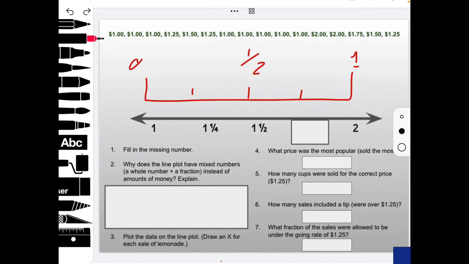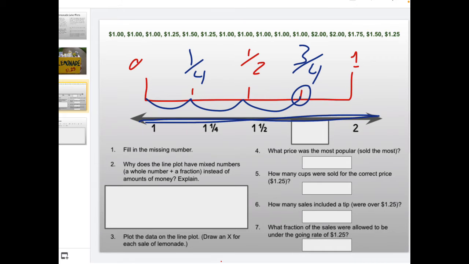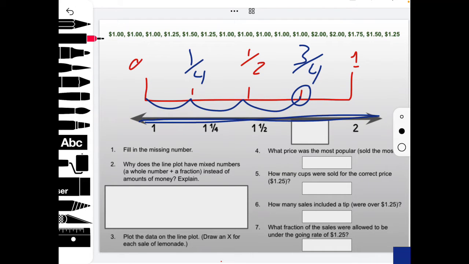So this would be 1 of 4. And what would this one be right here? It would be 1, 2, 3 fourths. And this line right here goes from 1 to 2, not 0 to 1, but it still shows 1 whole, because from 1 to 2 is 1 whole.